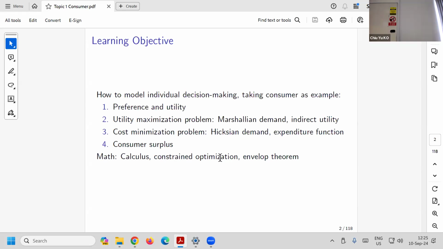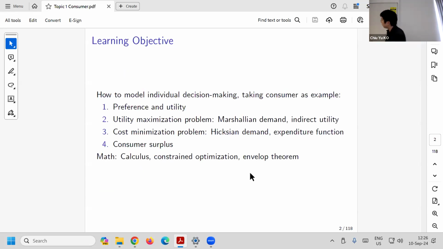It's resource allocation. His objective is utility, and the constraint he faces is the budget. The prices are given, what can be bought is given, and the preference is given, which gives you the utility function. And that is the question.